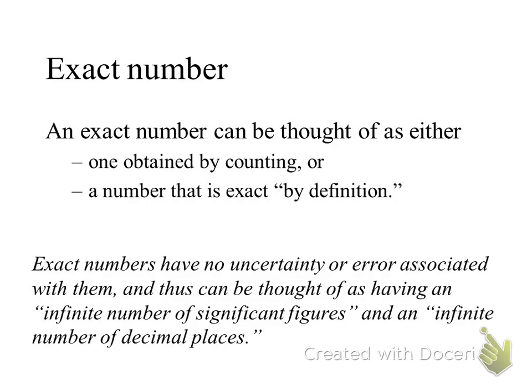There are 2 types of numbers that have no wiggle room. They're called exact numbers. They're either exact because you're counting a unit, like you're counting people, so there's no uncertainty there, or it's by definition. The one thing I told you you need to remember with regard to length between the English and metric system is 1 inch is equal to 2.54 centimeters. Remember I had a little arrow there? It's exact, by definition.